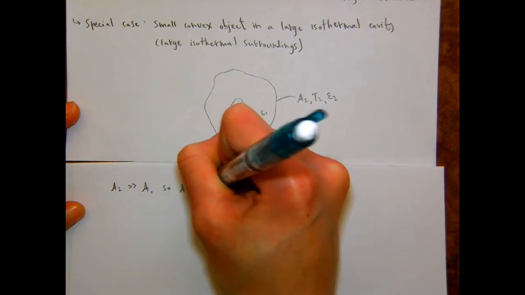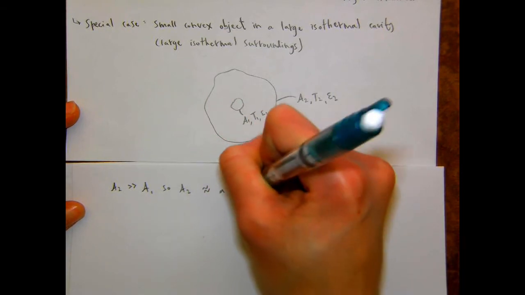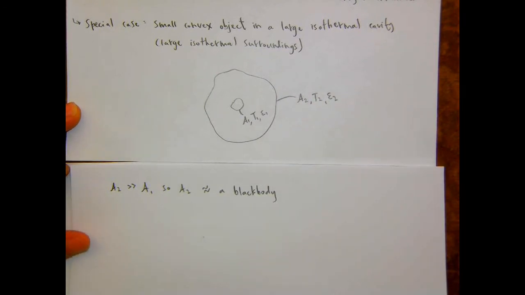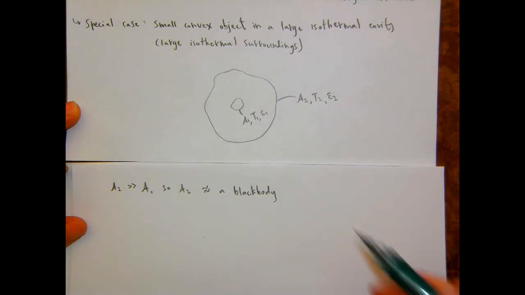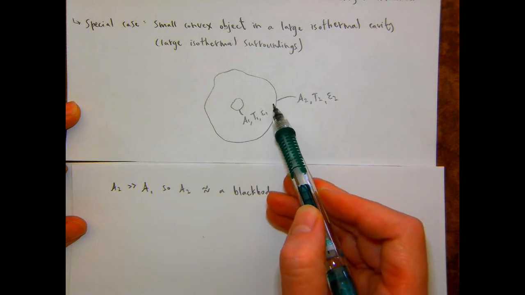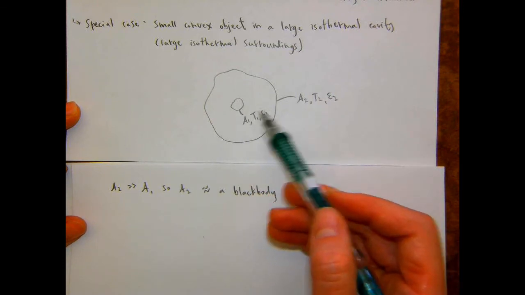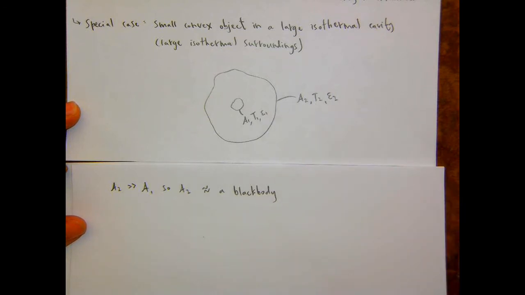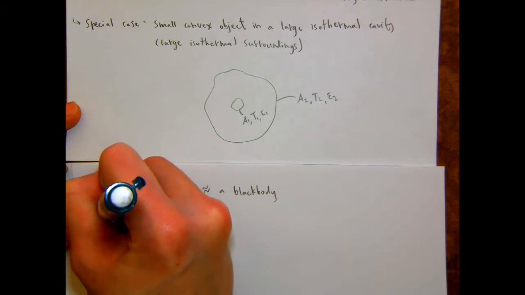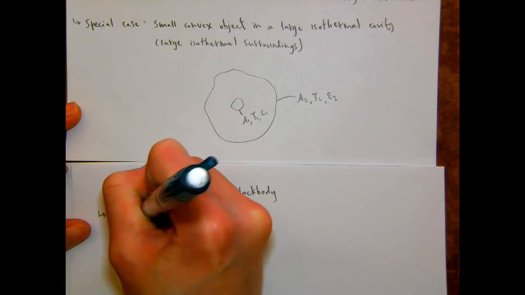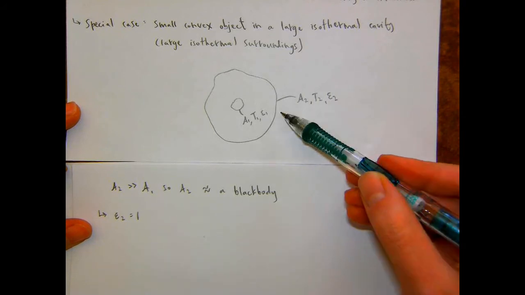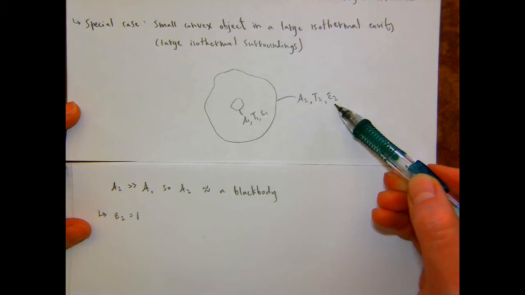So A sub 2 approximates a black body. Based on the relative size of the two surfaces, A sub 2 is much more likely to absorb all, or almost all, of the radiation in the room. So therefore, we can say that the emissivity, epsilon sub 2, is equal to 1. So this surface is approximately a black body, so its emissivity will be 1.